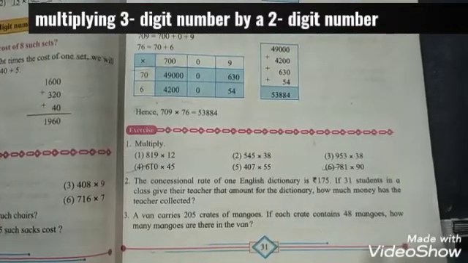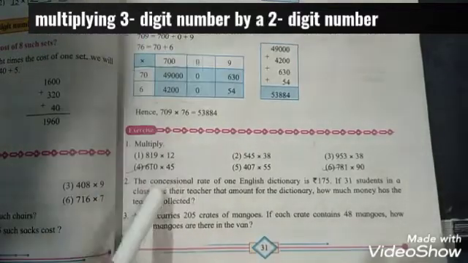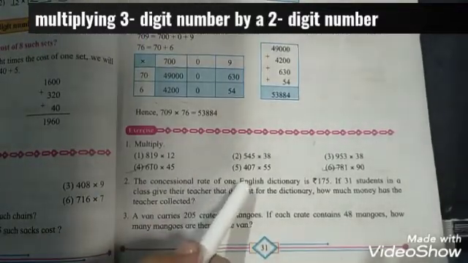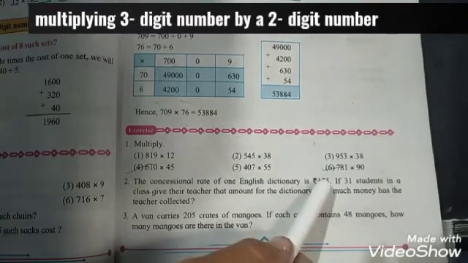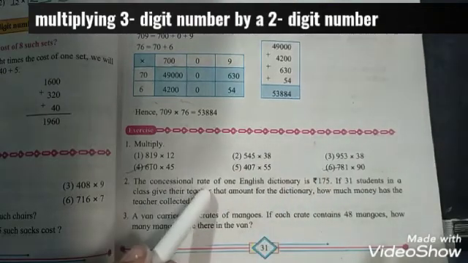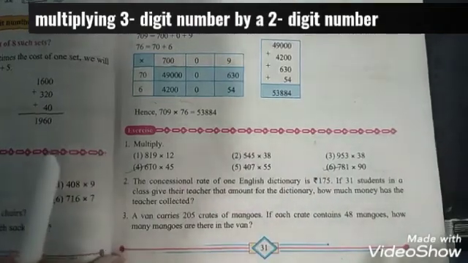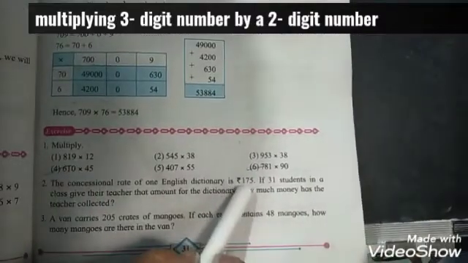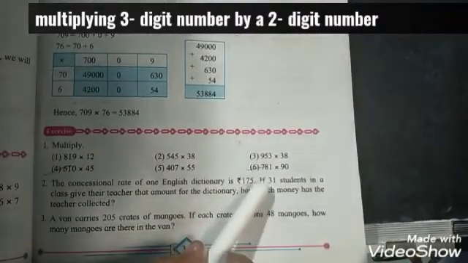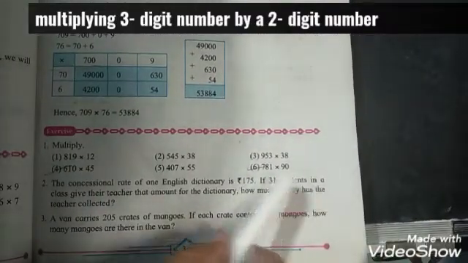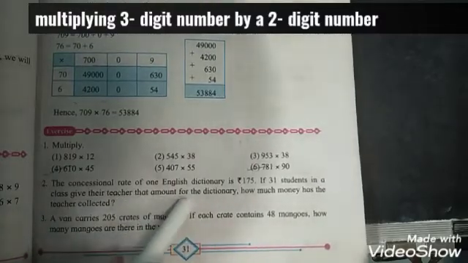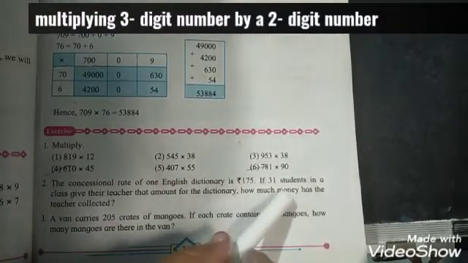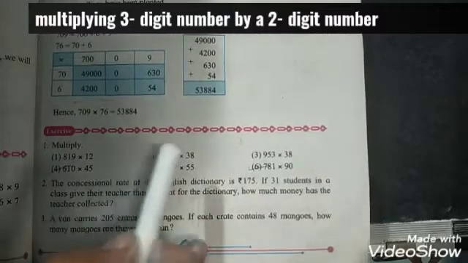See here, question number 2 from the same exercise. The concessional rate of one English dictionary is rupees 175. Concessional rate means there is some concession on that dictionary. Cost is rupees 175. If 31 students in a class give their teacher that amount for the dictionary, how much money has the teacher collected?